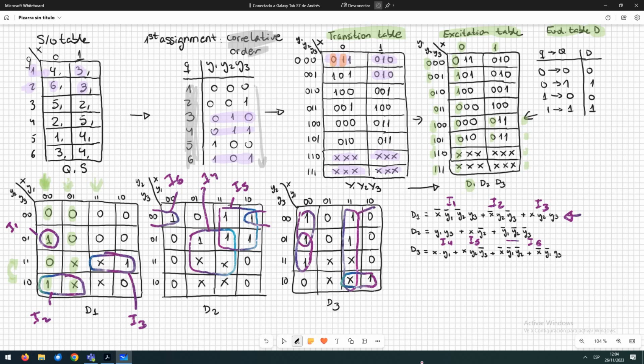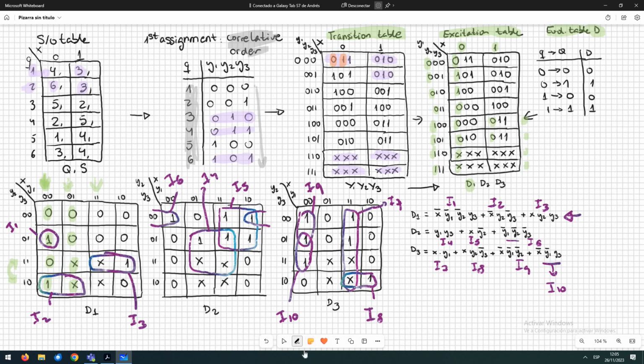We can call this implicant 7, this one implicant 8, this implicant 9, and this one implicant 10. So we have here implicant 7, implicant 8, implicant 9, and here implicant 10. So the next step would be just to finish the exercise: to draw the logic circuit.